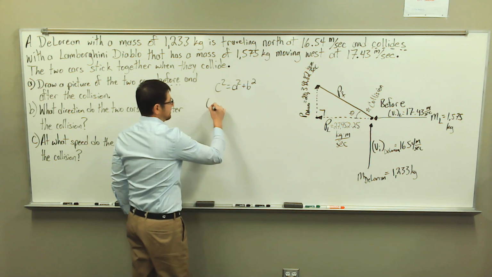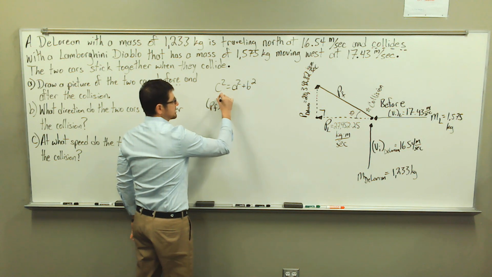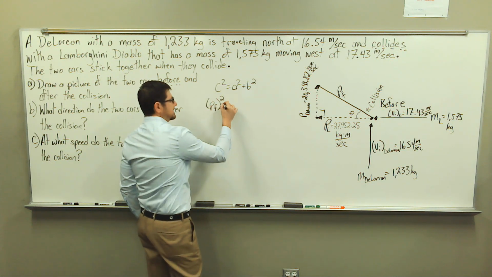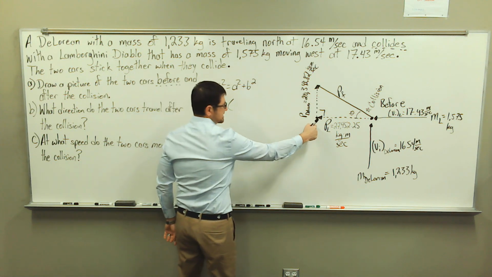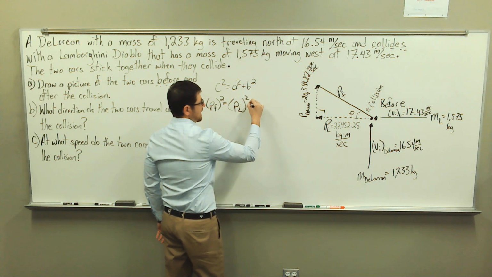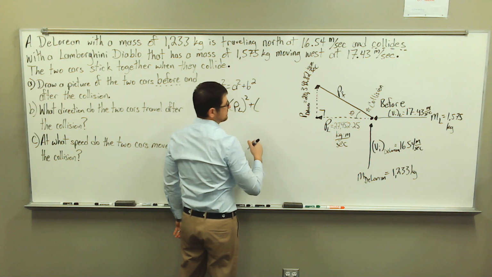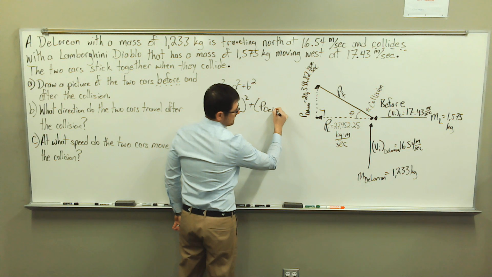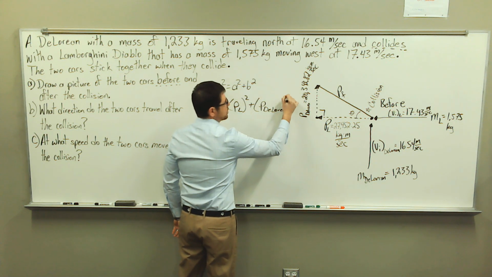So I have the final momentum of the system, P sub F, and this quantity squared is equal to a squared, which is the momentum of the Lamborghini squared, plus the momentum of our DeLorean squared.